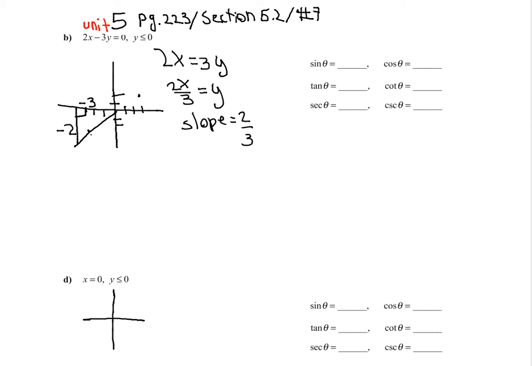Now we have to find the hypotenuse, so x squared equals negative 2 squared plus negative 3 squared, and that gives us x equals root 13. So this would be root 13. We know that this is our hypotenuse, this is our opposite, and this is the adjacent.